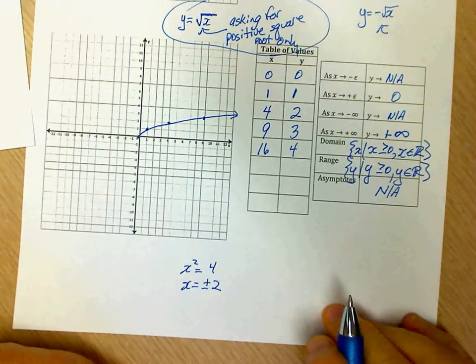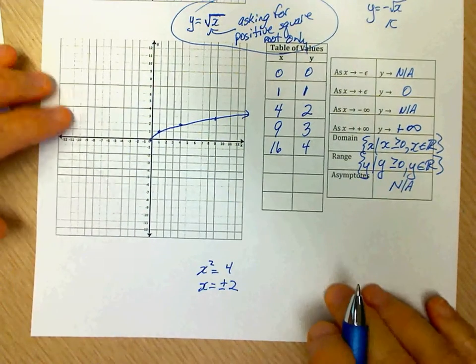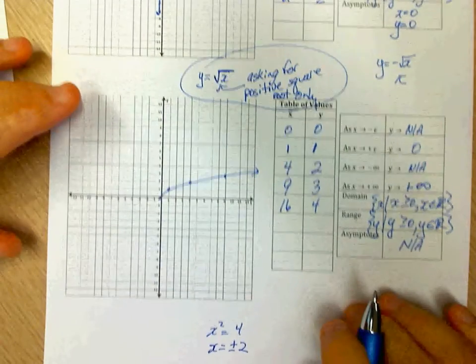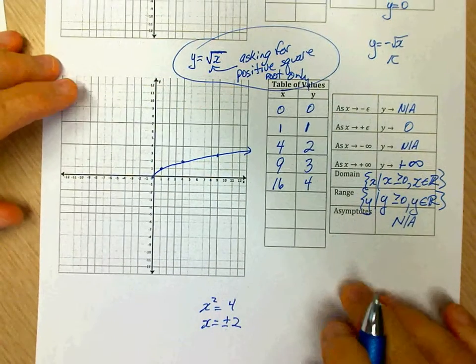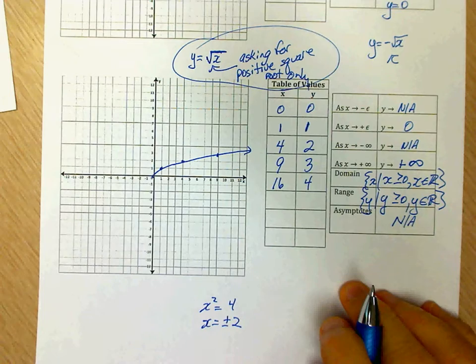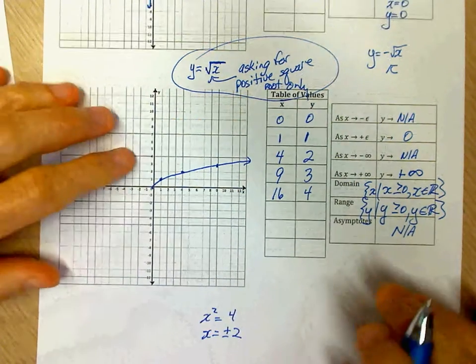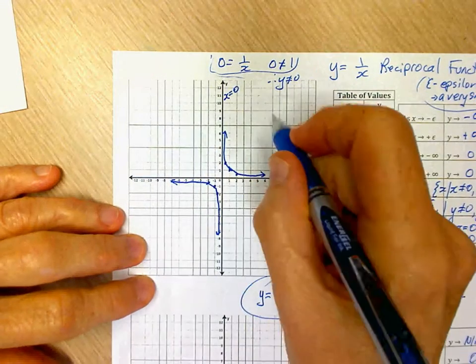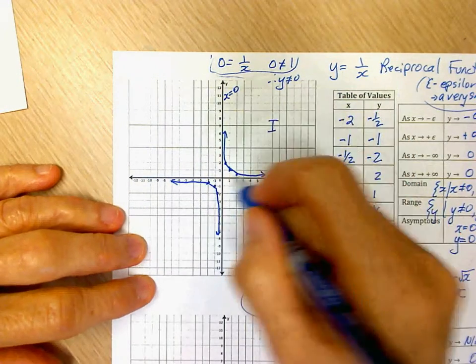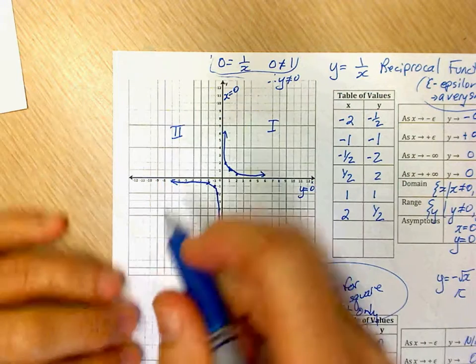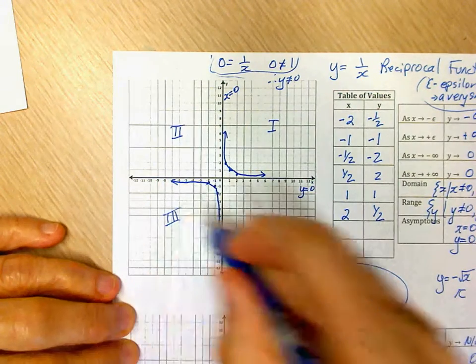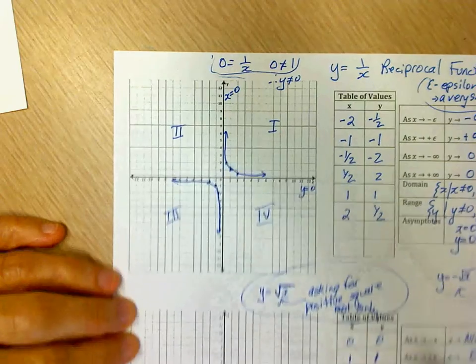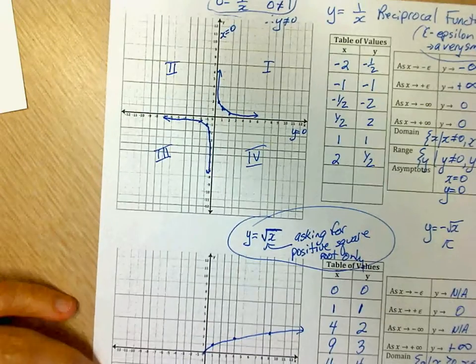The only other thing that maybe students had queries about yesterday, especially in yesterday's work, notice that quadrants are labeled. This is quadrant 1. This is quadrant 2. This is quadrant 3. This is quadrant 4. Just so you know. That's a common question.